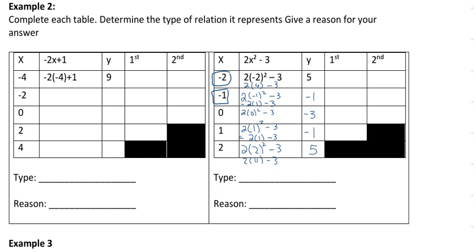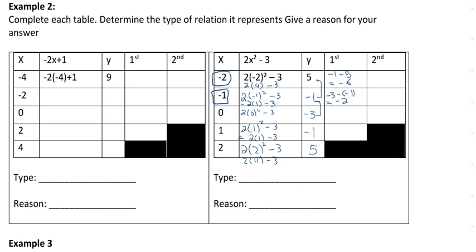I can do my first difference by subtracting y2 minus y1. So negative 1 take away 5. That is negative 6. Negative 3 take away negative 1, that is negative 3 plus 1, which is negative 2.